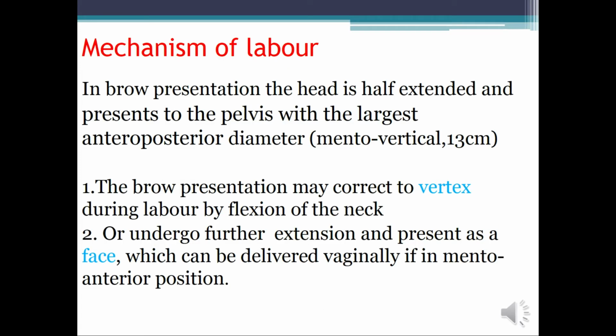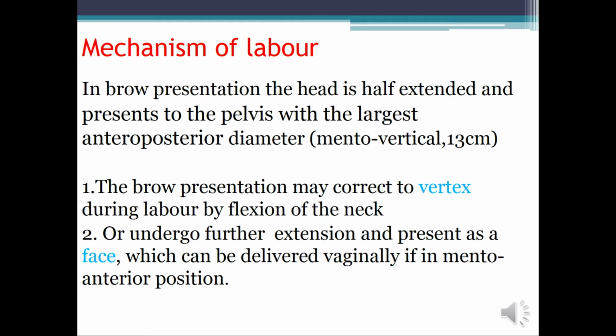Mechanism of labor. In a brow presentation, the head is half extended and presents to the pelvis with the largest diameter, the mento-vertical, 13 cm. The brow presentation may correct to a vertex during labor by flexion of the neck, or undergo further extension and present as a face, which can be delivered vaginally if in mento-anterior position.